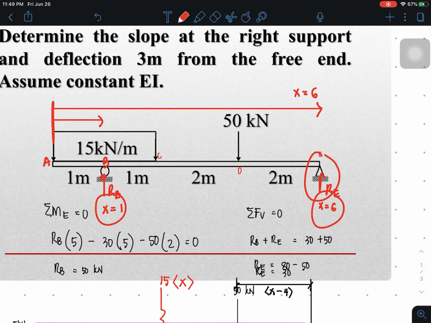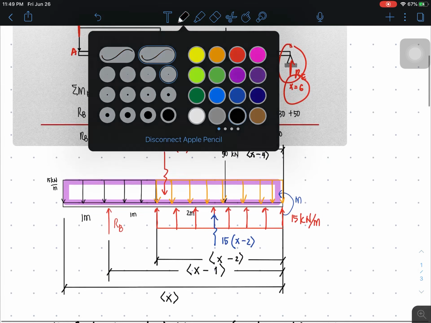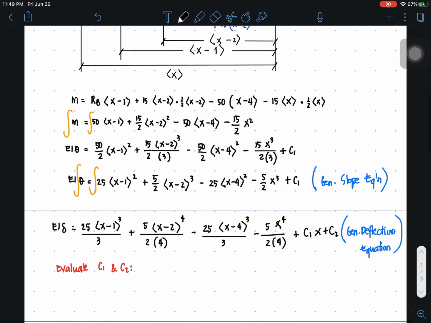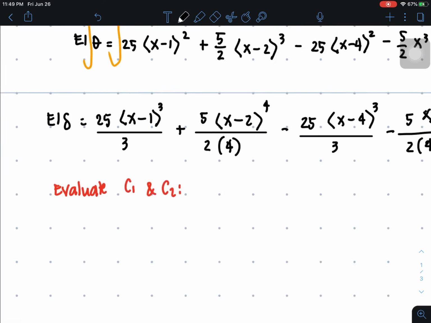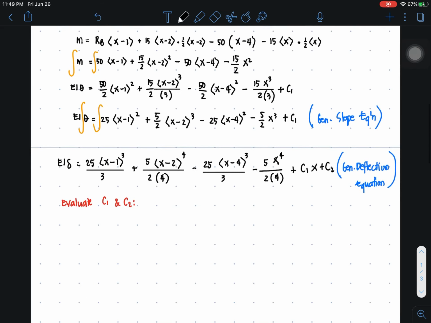So at point B, x is equal to 1. Then at point E, x is equal to 6. Remember that. So here, let us evaluate. At point B, there is a roller, and at the roller, it is at x equal to 1 meter. Then deflection is 0.